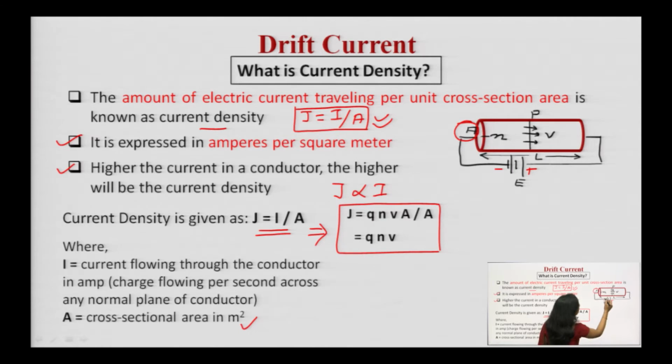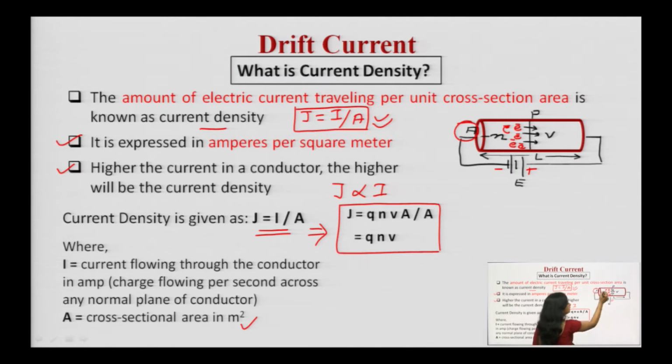Electrons, which are the charge carriers present in this semiconductor bar, will drift towards the right, because negative will repel. So now these electrons are drifting towards the right.